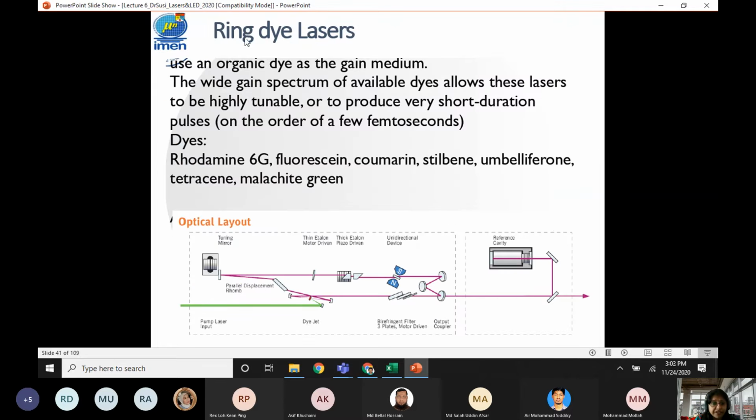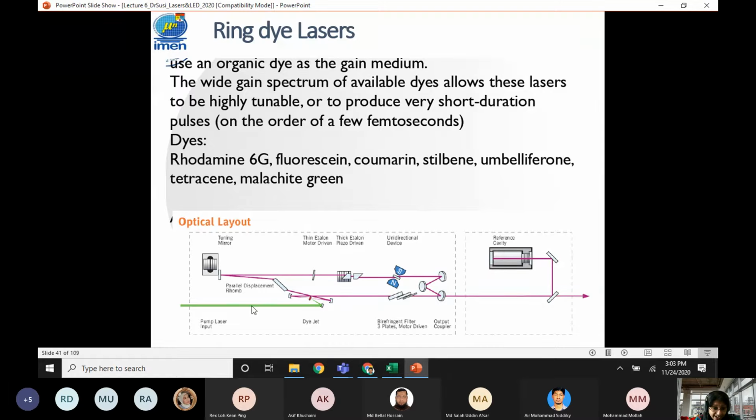You can also have a ring dye laser. This uses organic dye as the gain medium. The wide gain spectrum of available dyes allows this laser to be highly tunable or to produce very short duration pulses, in the order of a few femtoseconds. Some of the dyes that can be used are rhodamine, fluorescein, and so forth.